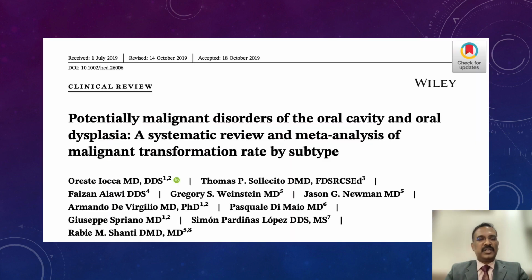Different people may come up with different estimates, but we had a recent meta-analysis published in 2019, Potentially Malignant Disorders of the Oral Cavity and Oral Dysplasia, a systematic review and meta-analysis that gives us definitive data.